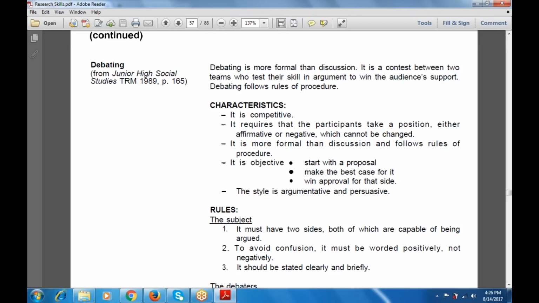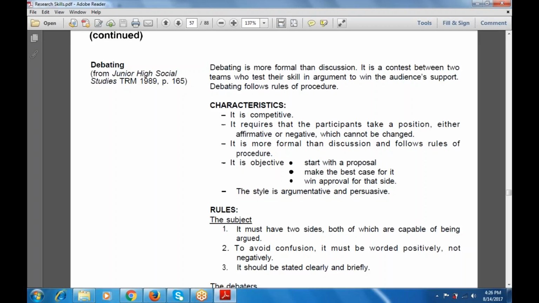Now the rules. First is the subject: it must have two sides, both of which are capable of being argued. There must be two opinions, because without two opinions there is no use for a debate.